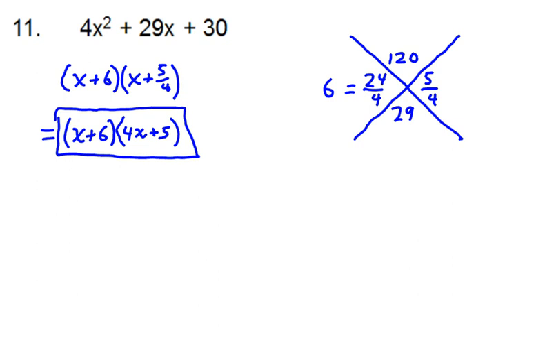Okay, now the last one, problem 12. So we set up our x here. We put AC on top, which is 3 times negative 5, or negative 15. And on the bottom, we put 14. So what two numbers are we looking for for negative 15? Well, that's 3 and 5.